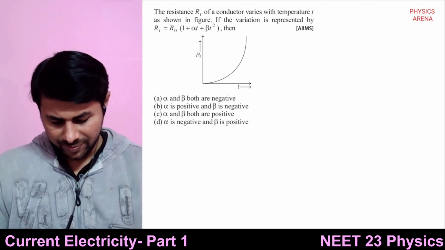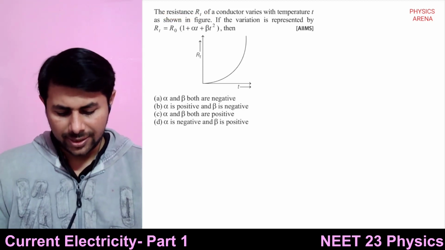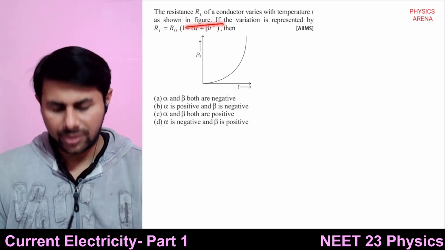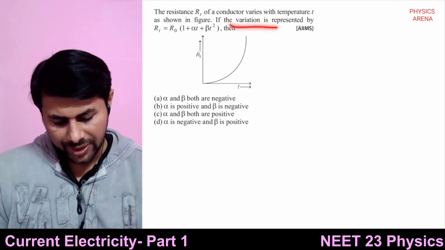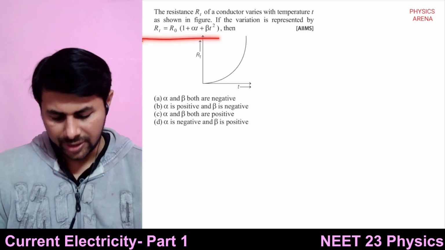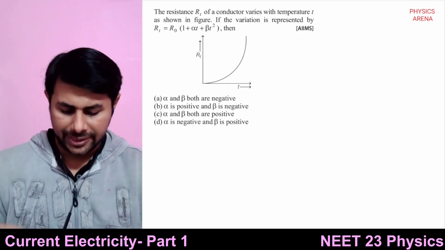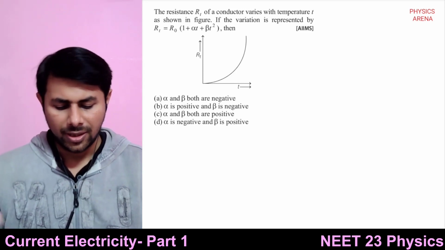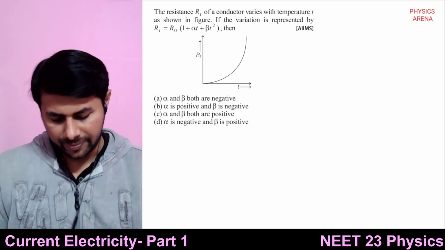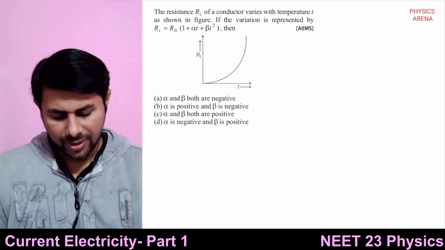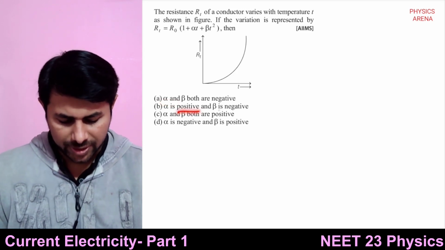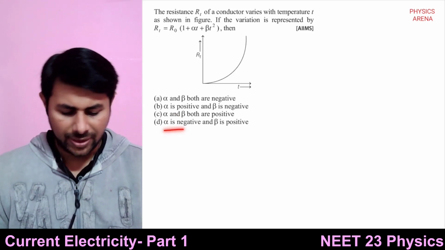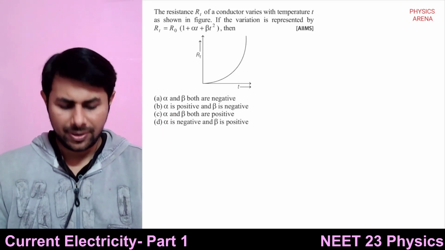Let's see the next question. The resistance RT of a conductor varies with temperature T as shown in the figure. If the variation is represented by RT equals R naught 1 plus alpha T plus beta T square, then alpha and beta both are negative, alpha is positive and beta is negative, alpha and beta both are positive, or alpha is negative and beta is positive. Tell me.